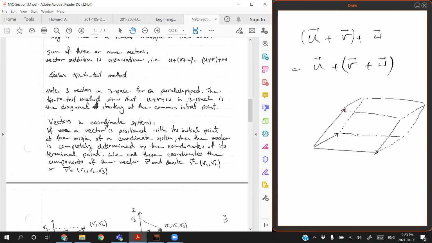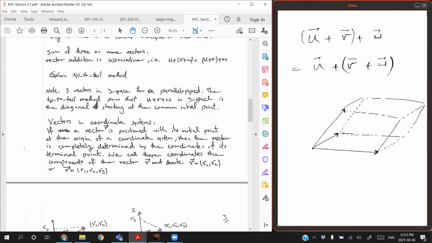So imagine that these three vectors are in three-dimensional space, and you bring them together so that they share the same point. Then this side here is going to be the base of the parallelepiped, and this is going to be one of the walls. And on the underside, that's going to be the other wall, and then you have also a wall here.